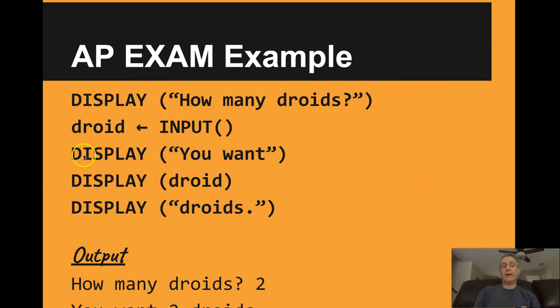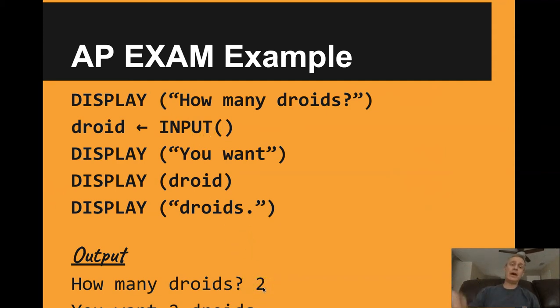Then after that, I want to display, or basically print out, "you want", and then after that, I want to display the value that they input. And then after that, I want to display "droids". So the actual output is, initially, it'll say "how many droids" with a prompt, and then the user will input their value. So I'm inputting 2 here.